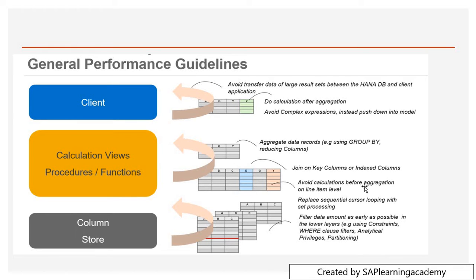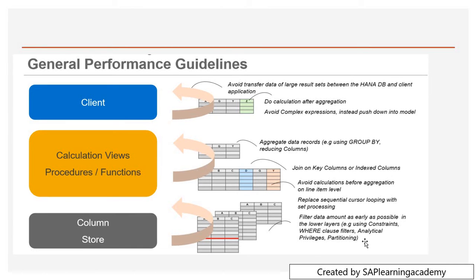And avoid calculation before aggregation on line item level. So you need to avoid the calculation before aggregation on line item level, and replace sequential cursor looping with set processing. So filter data amount as early as possible in the lower layer using constraints or where clause or filter or analytic privileges or partitioning.